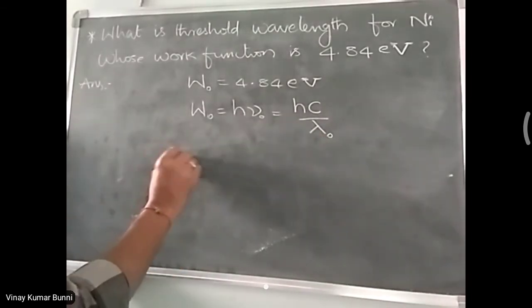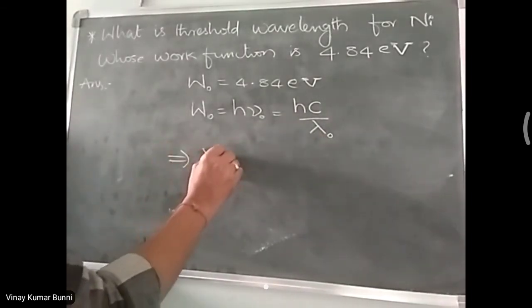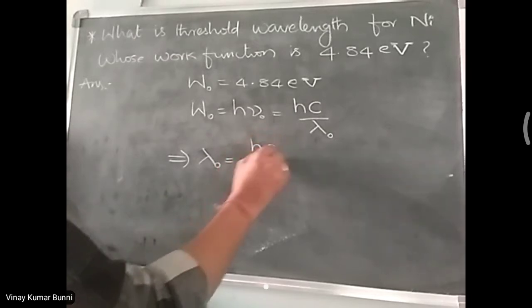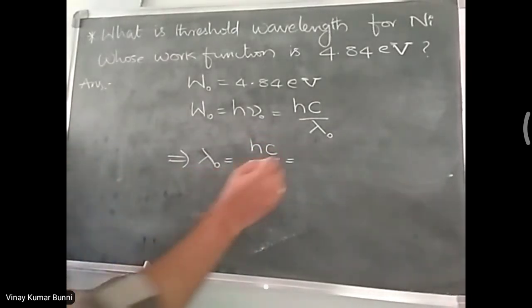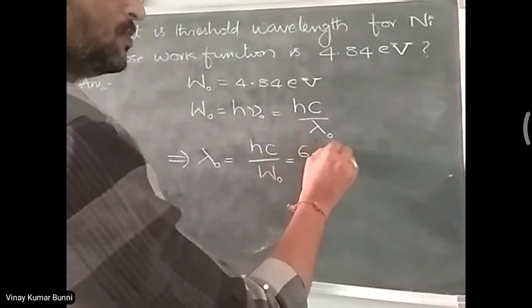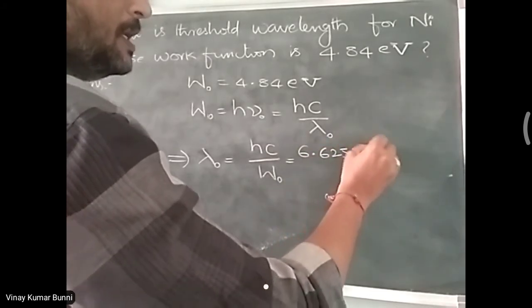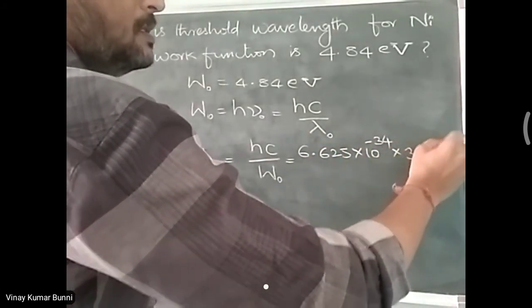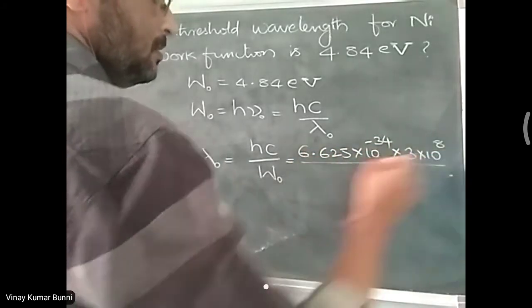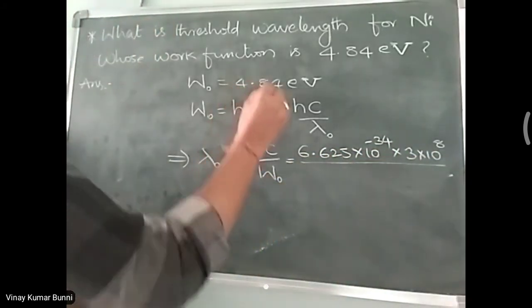So lambda naught equal to hc by W naught. So what is h? 6.625 into 10 power minus 34 into 3 into 10 power 8 by W naught, which is 4.84.